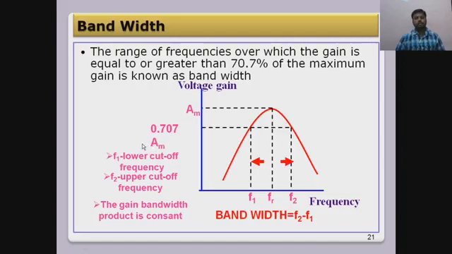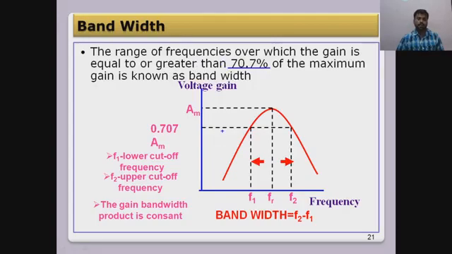Bandwidth. How are we going to calculate the bandwidth? Bandwidth is the range of frequencies over which the gain is equal to or greater than 70.7% of the maximum gain.